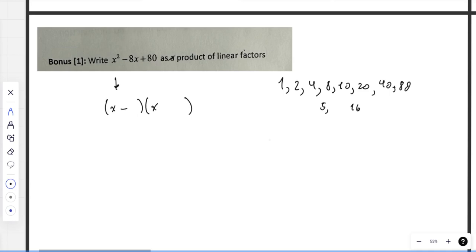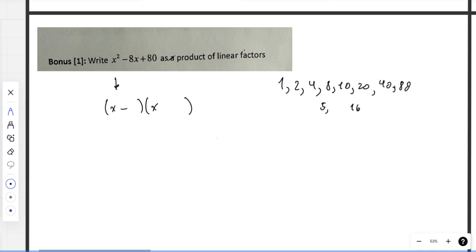Is there one I'm missing? Because I don't see one that would multiply evenly. 80 by 6? No, that's not it.